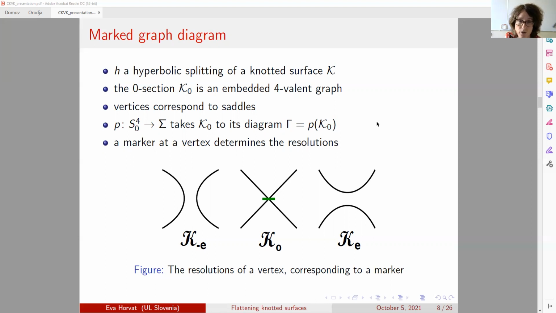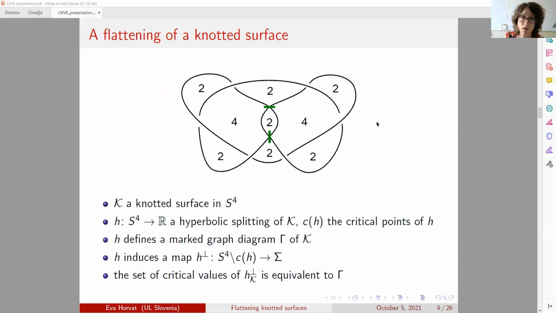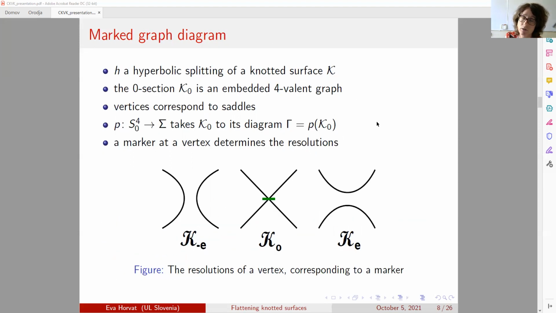In this figure, a marker is denoted by a green rectangle. And such markers also determine the resolutions above and below this 0 section. Such diagrams were first introduced by Yoshikawa.